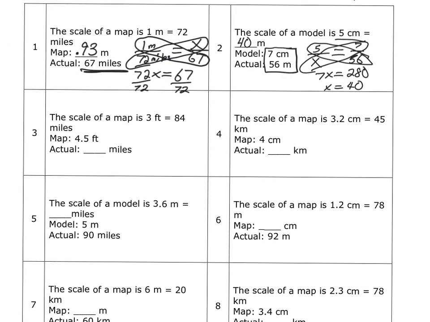Okay, so no matter where the missing piece is, we just have to place it into the correct location in the fraction, and it'll work out for you. Now we're given again both of the two parts, one for the map and one for the actual. So we go map over actual is equal to map over unknown actual.